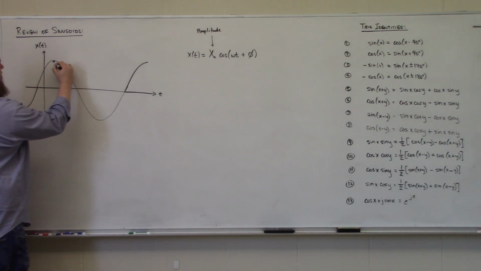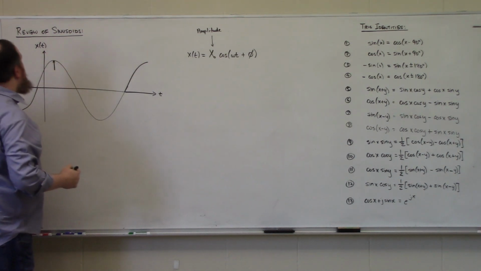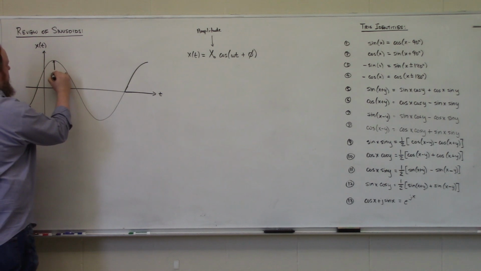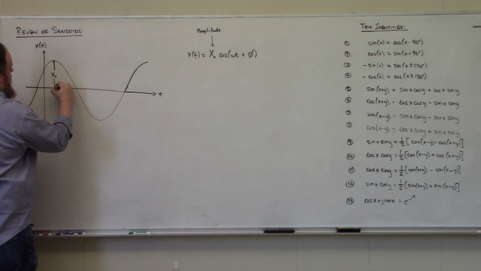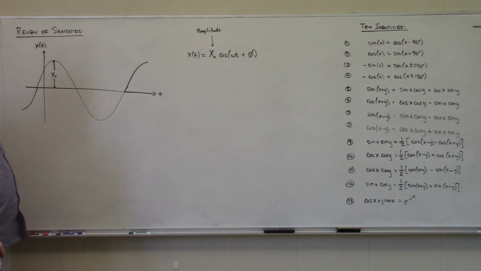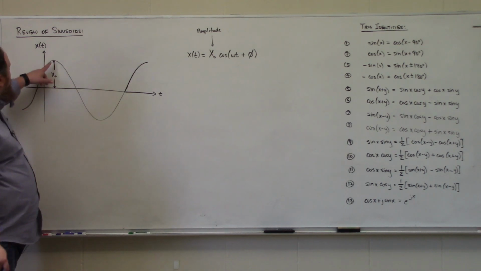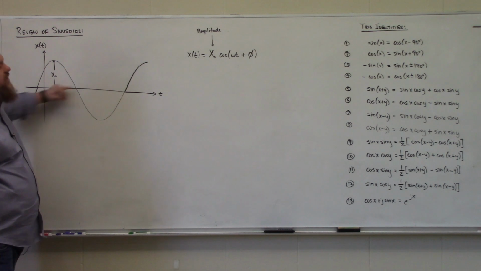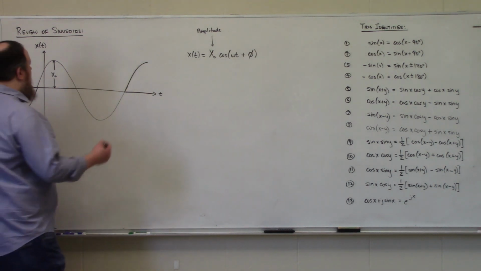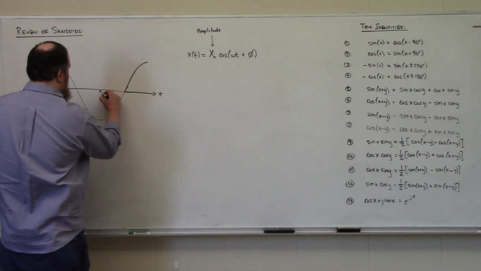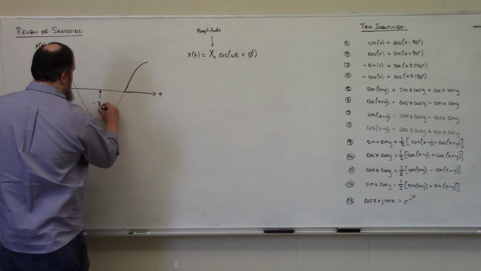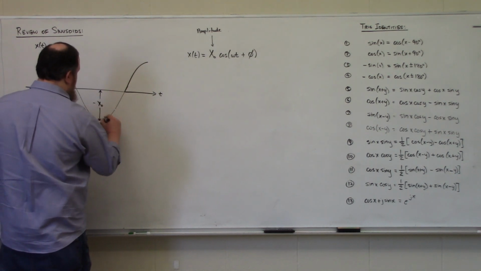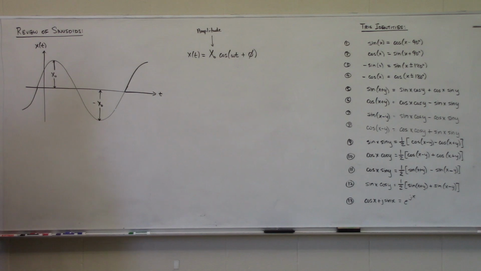So that means that it is the distance that the peak value has in reference to the x-axis. So the peak value is exactly x naught units above our reference of 0, and this peak down here is exactly negative x naught units away.